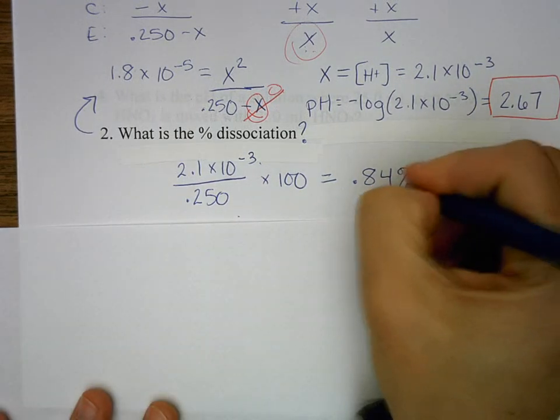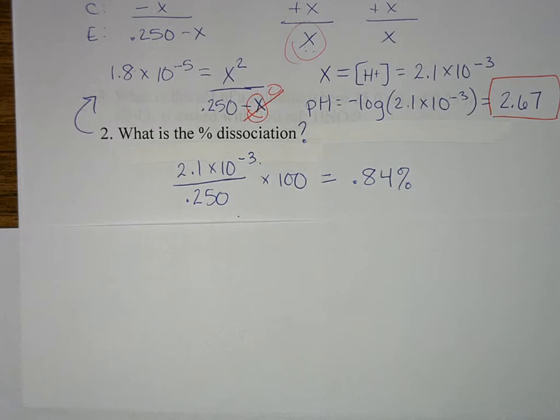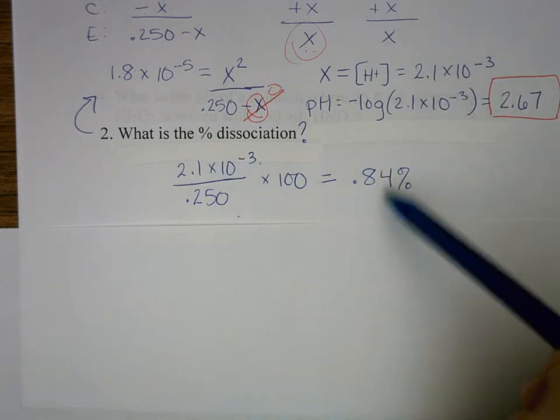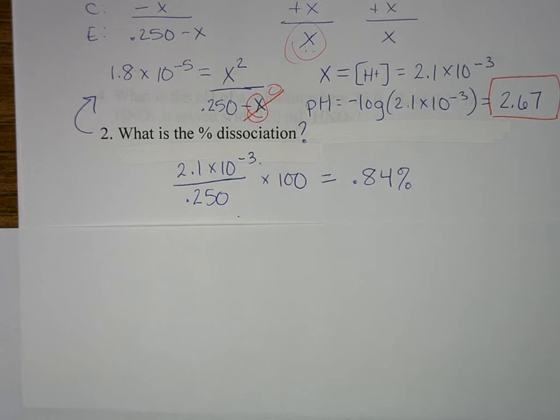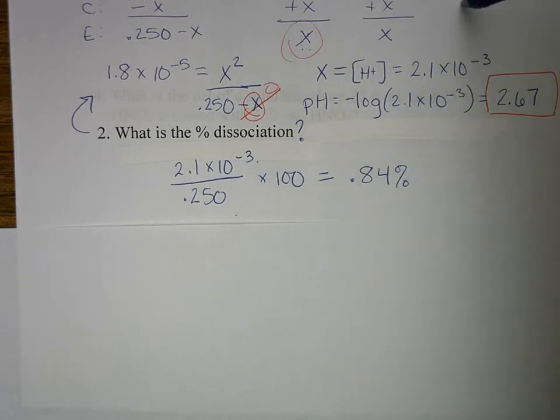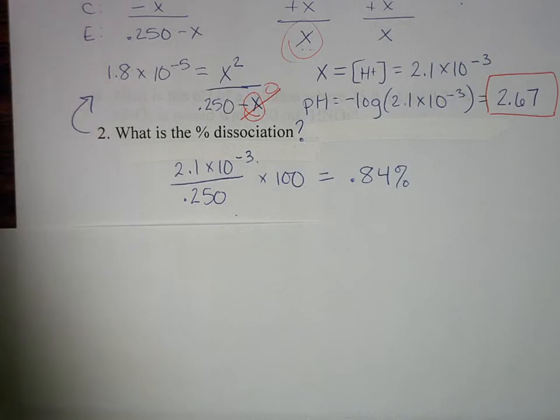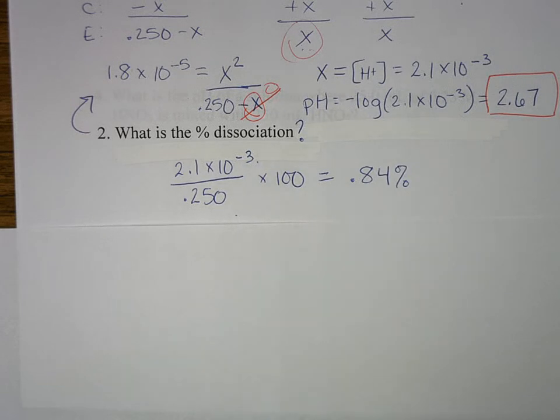So when we're dealing with weak acids, it's usually less than 3%. A lot of times less than 1%. So that means out of all of the acetic acid molecules, only 0.84% of them actually break apart and ionize into hydrogen and acetate ions. Okay, so that will be a question you have to answer about weak acids as well. We're almost there. Any questions on that?